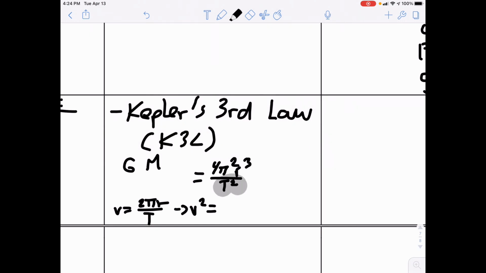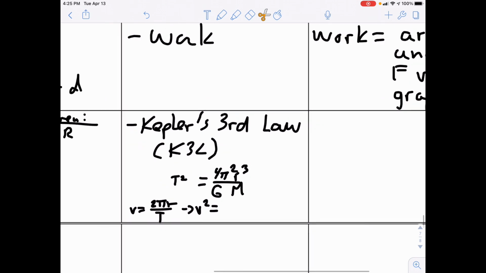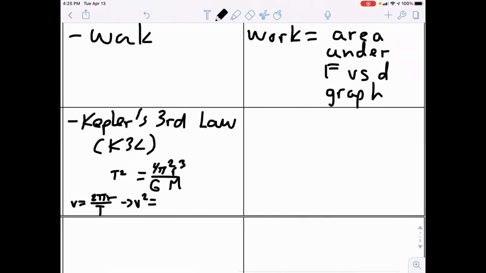Now if I take this and I swap it out with this, we get Kepler's third law. So Kepler's third law can be written as t squared is equal to 4 pi squared r cubed over GM, where M is the mass of the planet that's being orbited.